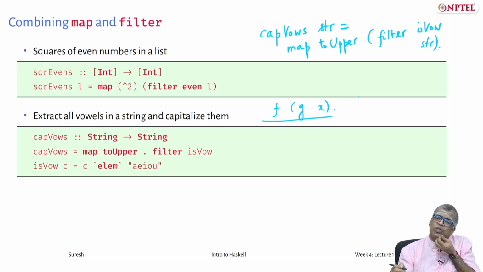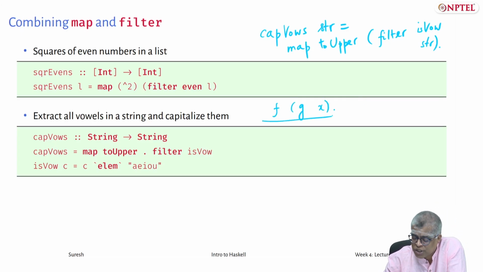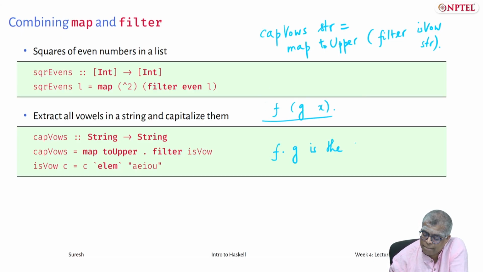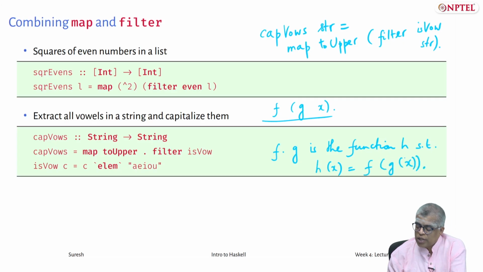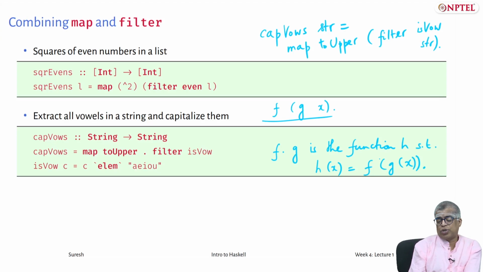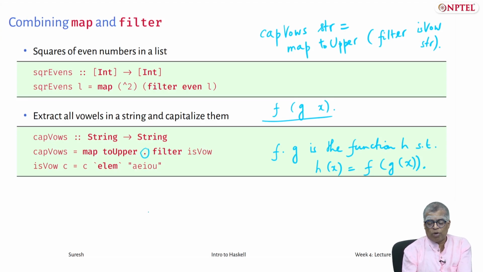In high school mathematics also you would have seen this notation f dot g to mean this very same thing. F dot g is the function h such that h of x is f of g of x. So in Haskell also you have the dot operator.